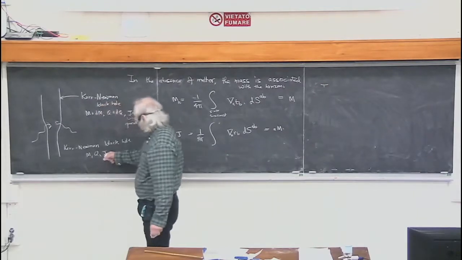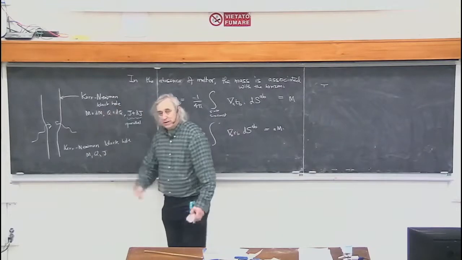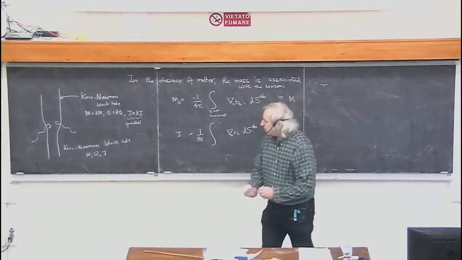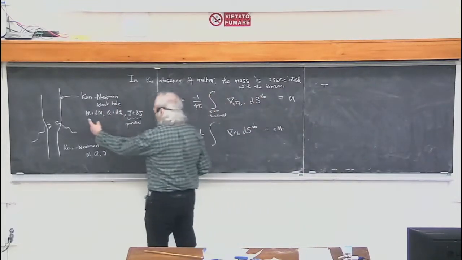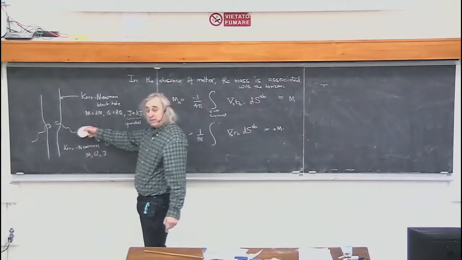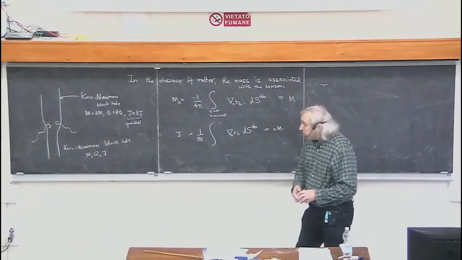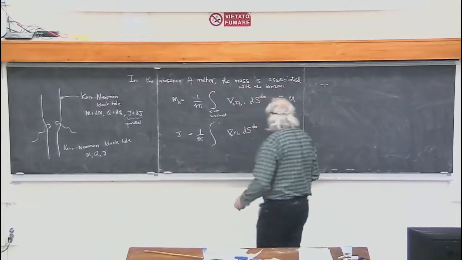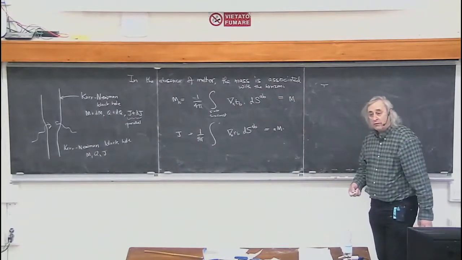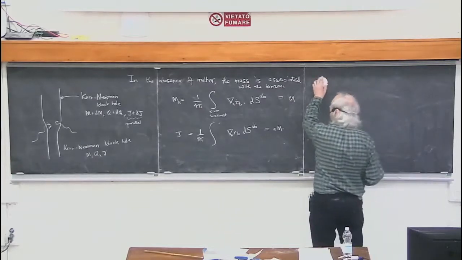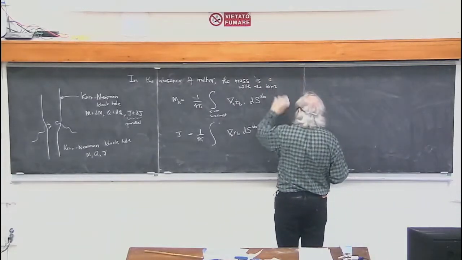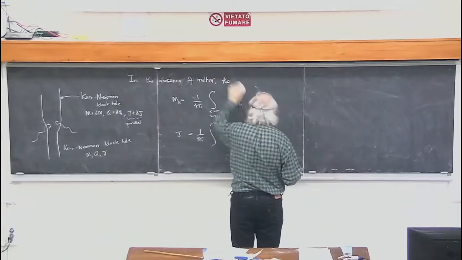We know that it's Kerr-Newman here and Kerr-Newman here. We know that the situation outside the black hole, except in this middle where there's a little bit of evolution going on, contains no matter. And so we can just simply ask ourselves, how do these things change as I go from one situation to the other?